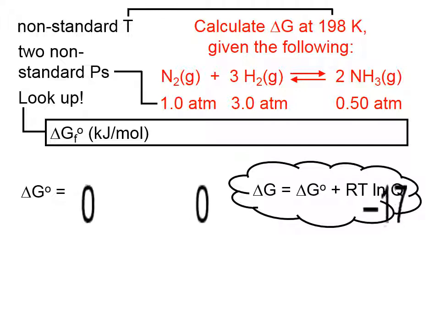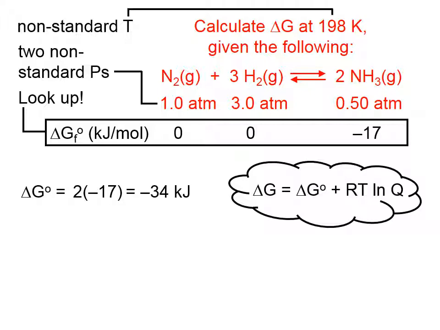The nitrogen and the hydrogen are elements in their standard state, in their gaseous phases, so the delta G f naught values are 0. For any compound, of course, that value is not going to be 0, so we would definitely need to look up ammonia. Turns out to be negative 17 kilojoules per mole, and in the equation we have 2 moles of ammonia. Delta G naught is negative 34 kilojoules.